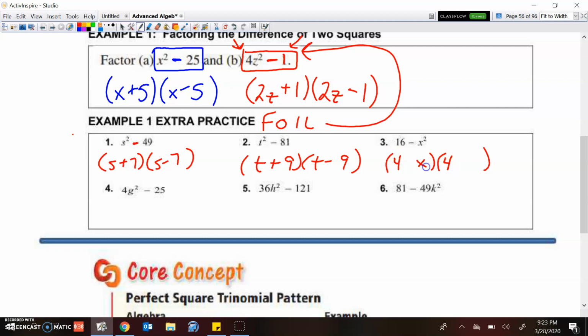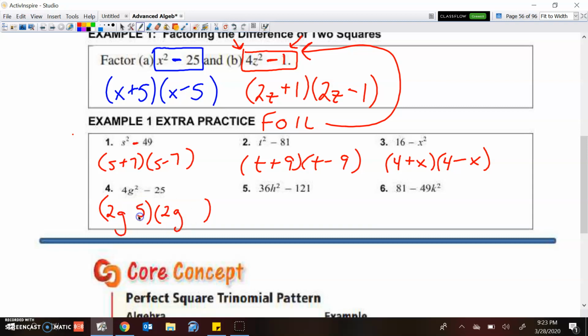The square root of x squared is x, so that goes second, and I do plus and minus, okay? So even though you're thinking, wait a minute, that is not in standard form, meaning the greater degree is first, that's okay. Just take it the way it's given to you, okay? All right. Next, square root of 4g squared is 2g and 2g.